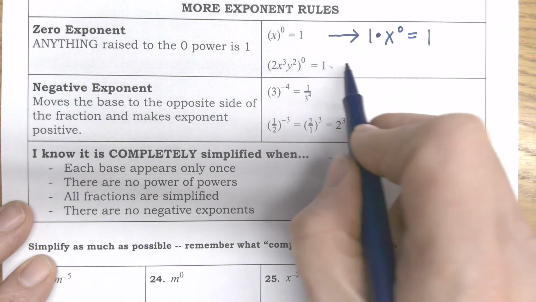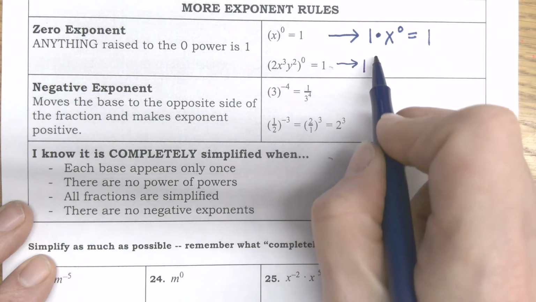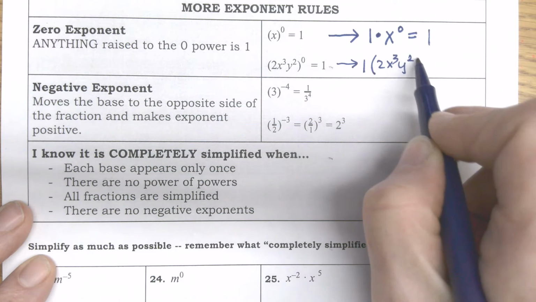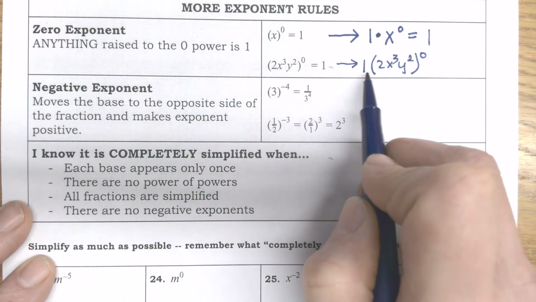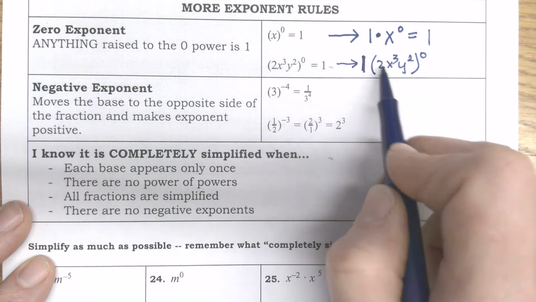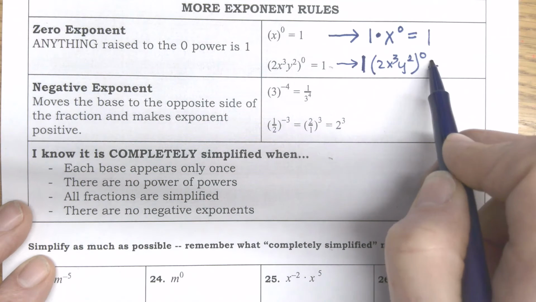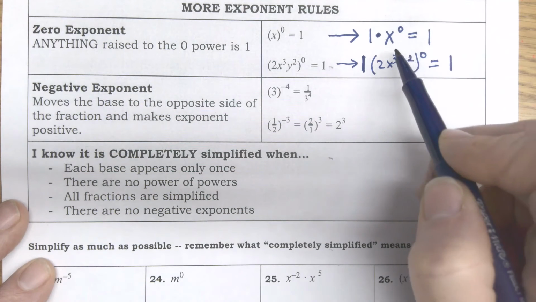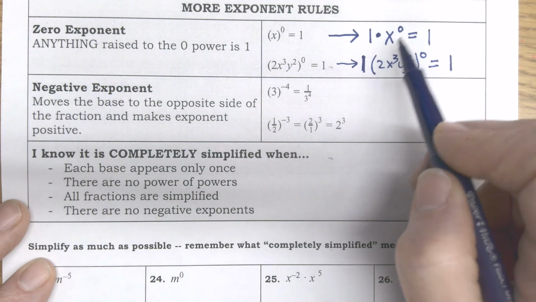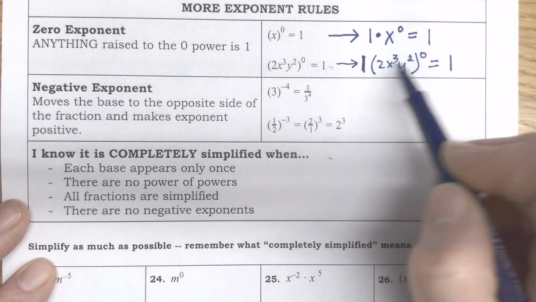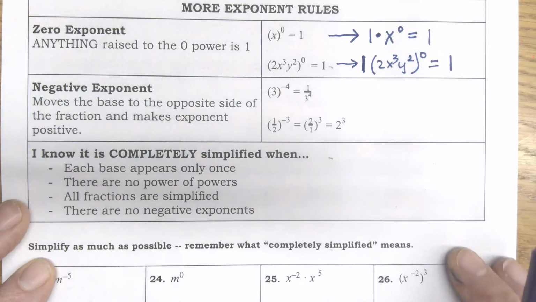And in fact, I could rewrite this one as 1 times 2x cubed y to the second to the 0. Again, this is 1 times none of this. That leaves me with 1. Not 1 times 0. It's 1 times no x's, so my product is 1 times not anything in this parenthesis, so it leaves me with just 1.